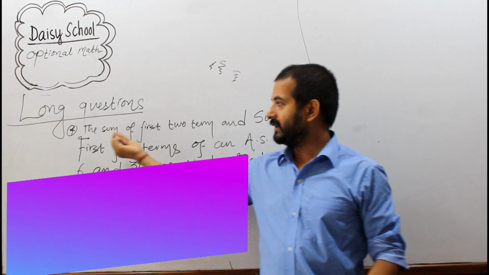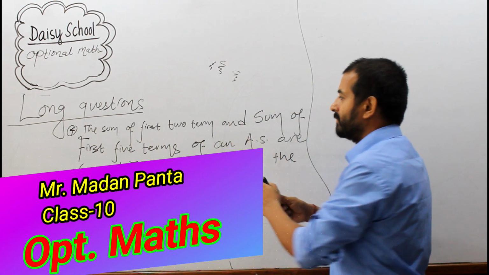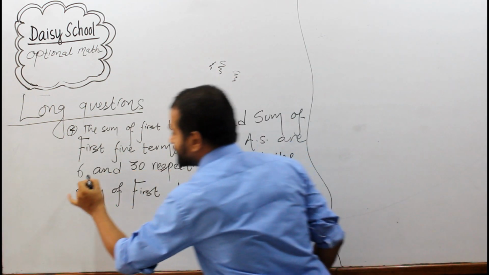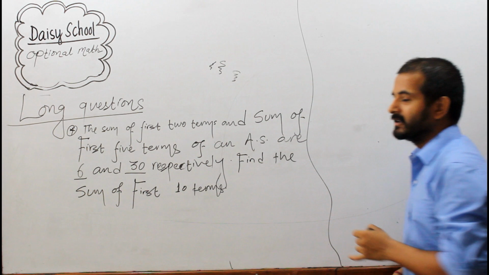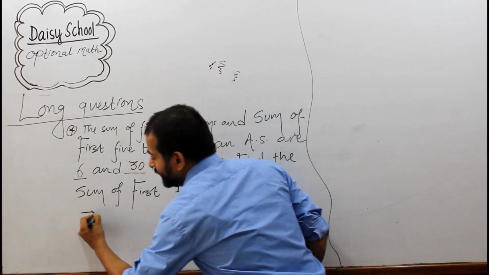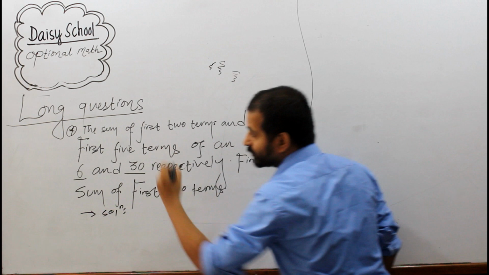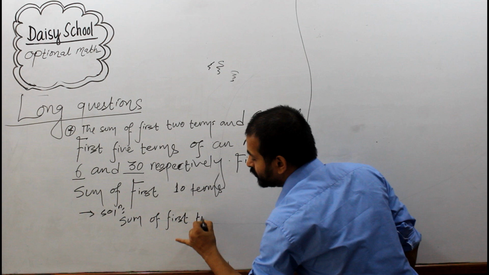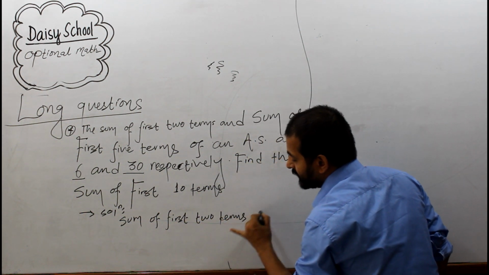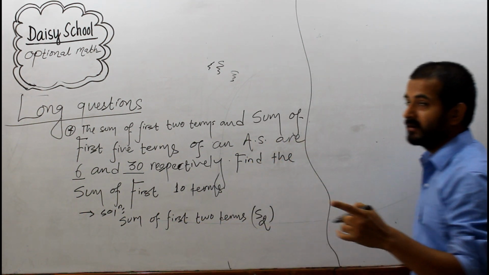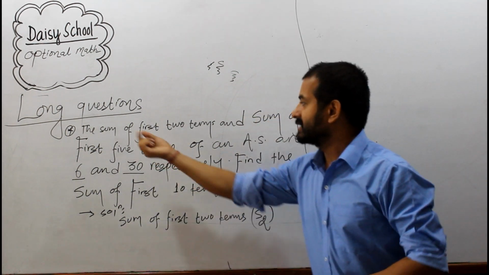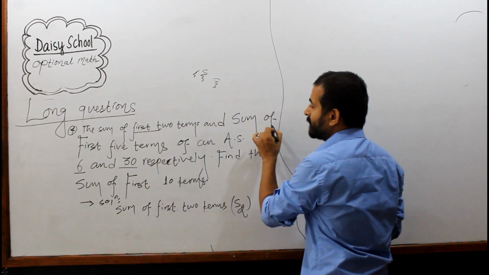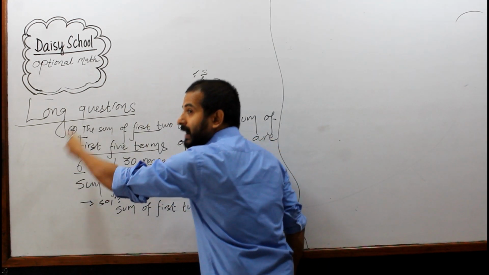Don't forget it. The sum of the first 2 terms and the sum of the first 5 terms of an arithmetic series are 6 and 30 respectively. So according to the question, the sum of the first 2 terms we can write as S2.